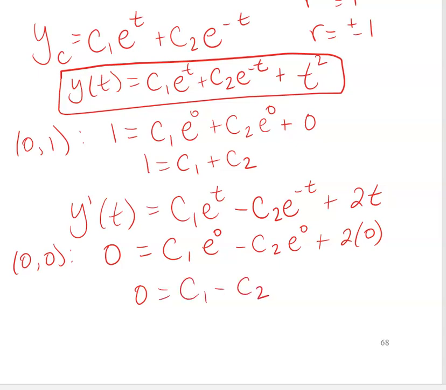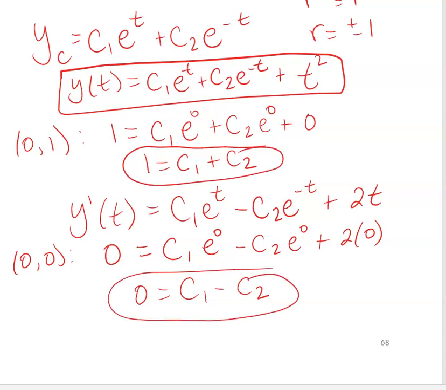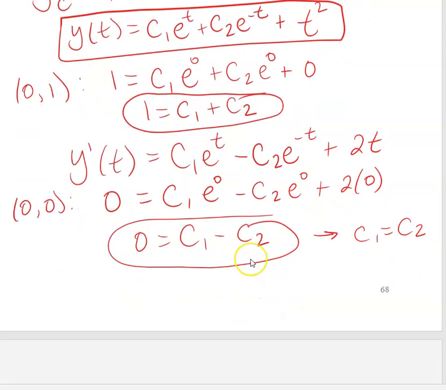What I want you to notice is you've basically got a little system of equations where you can solve for C1 and C2 using that information. We know then that from this equation, C1 must equal C2, so if the two of those have to be the same, that means that in this equation, they both have to be 1/2.